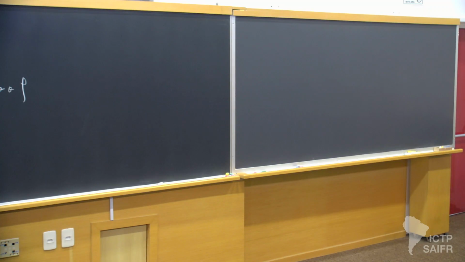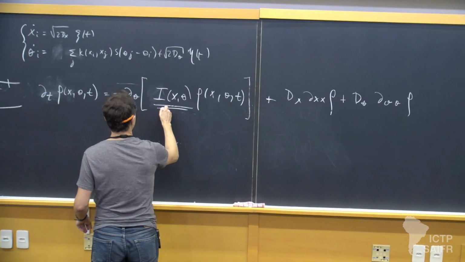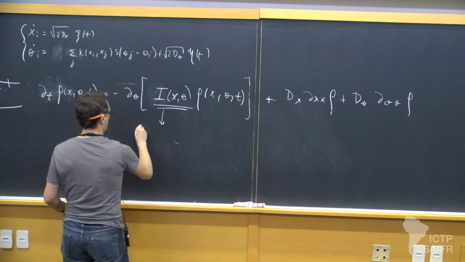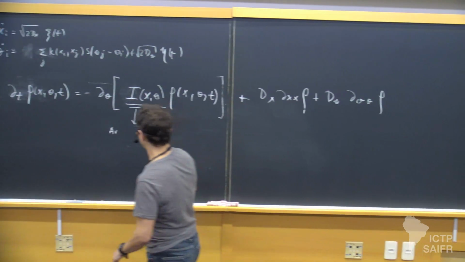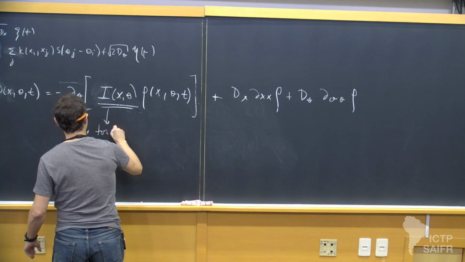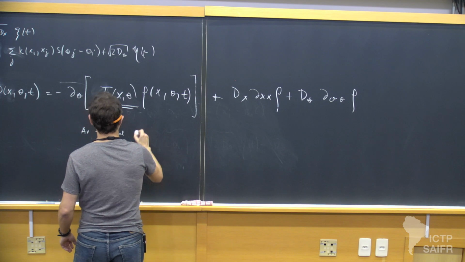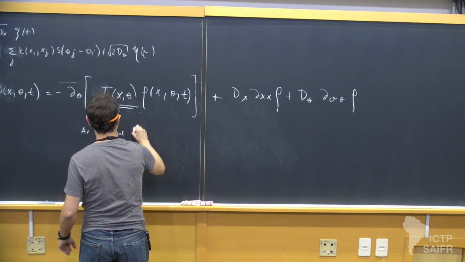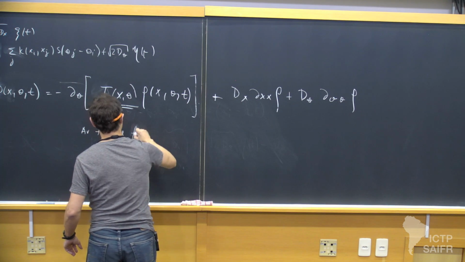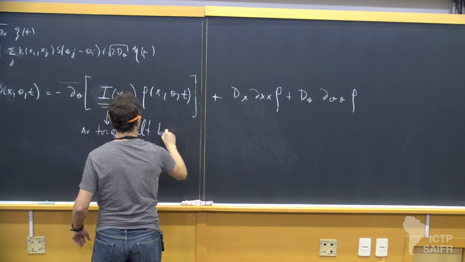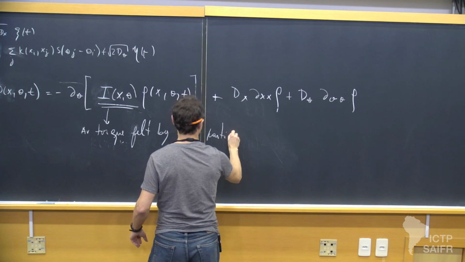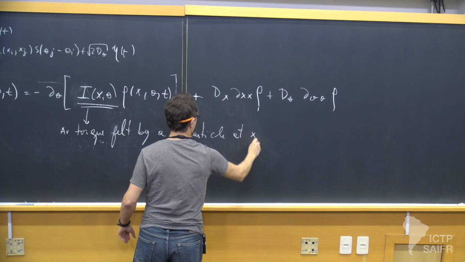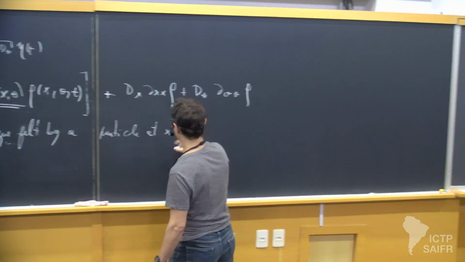So this is the average interaction force, the torque felt by a particle at x, or spin at position x.